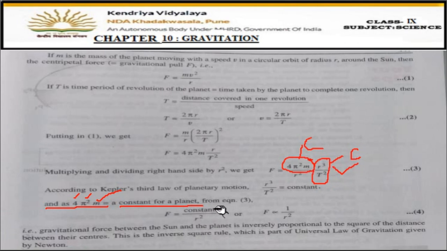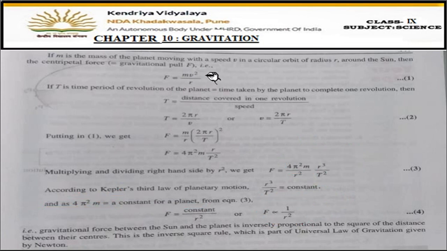So F is equal to constant upon r square, means F is directly proportional to 1 upon r square. So this is the inverse square rule, how it is derived. Okay. So there's not much. If you read twice, you'll come to know you have to start with the centripetal force, put the value of v.